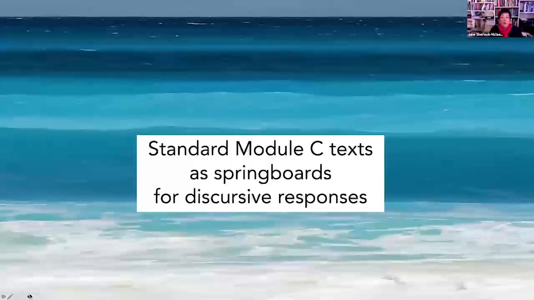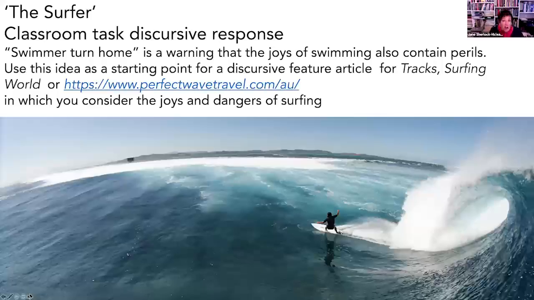So when we look at this, the surfer, it's not only a magnificent piece of imaginative writing, but you could use it as a starting point for the joys and the perils of surfing, not just the wonder of surfing. And you could imagine this working really well on an online or in the paper version of Tracks or Surfing World.